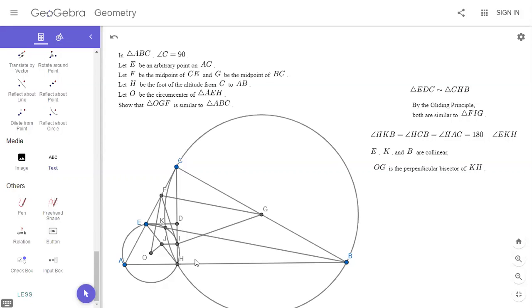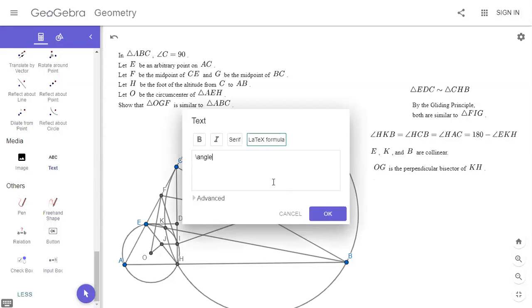Since angle AHI is a right angle, A, O, and I are collinear. Can you repeat that? Sure, I'm going to type it up in a sec.